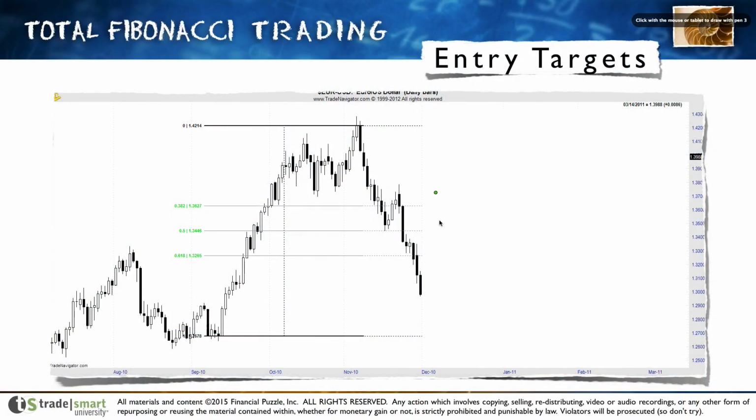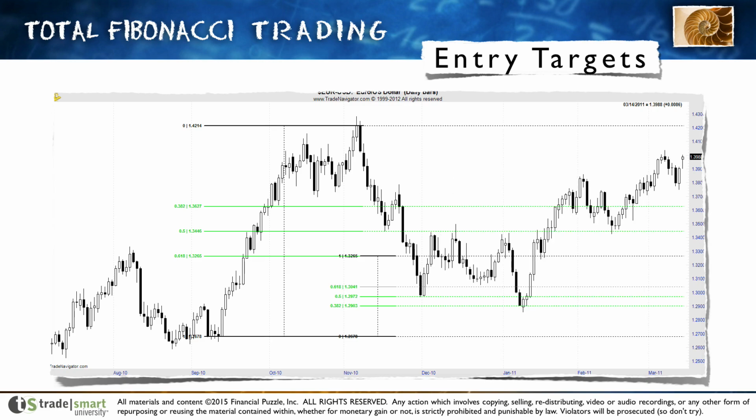And so I would suggest that we could take this range between the 618 retracement all the way on down to the 100% retracement and subdivide that even further. And if we do that and snap a Fibonacci retracement on there, we can see that it looks like from what we've got so far that we're respecting that 50% subdivision.